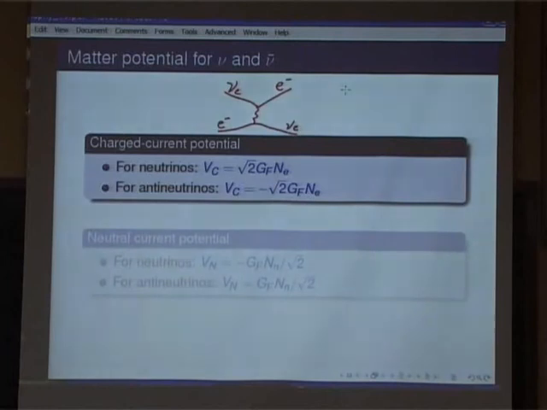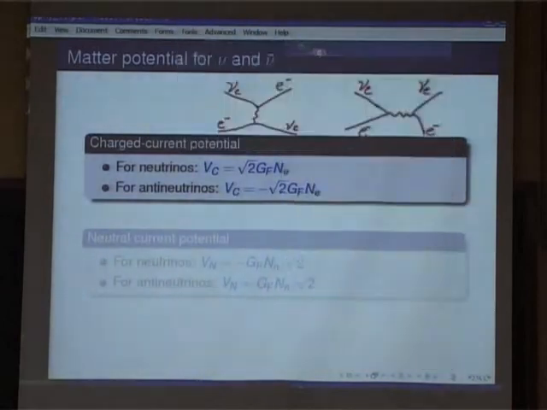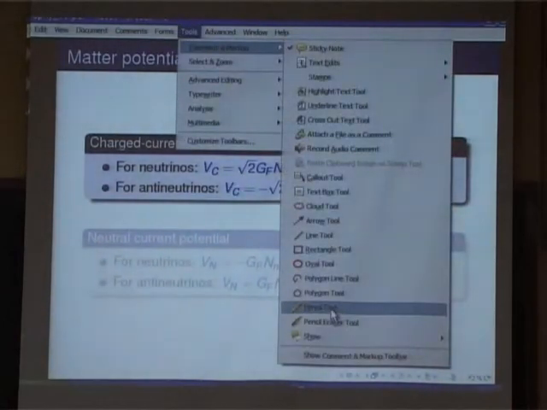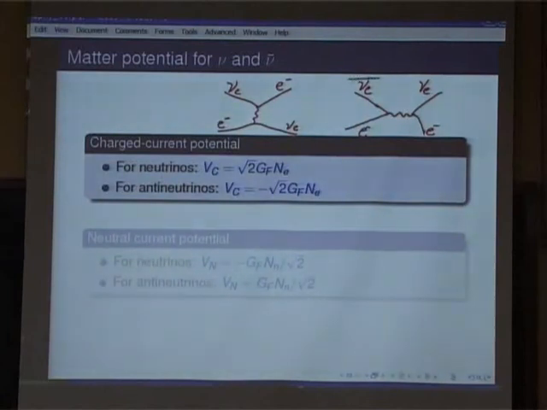What happens, however, is something like this: you have an antineutrino coming in and an electron coming in, a W, and going out the antineutrino and electron.